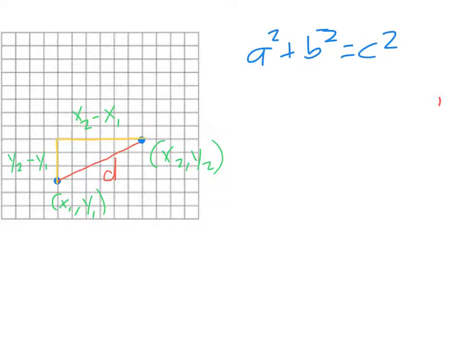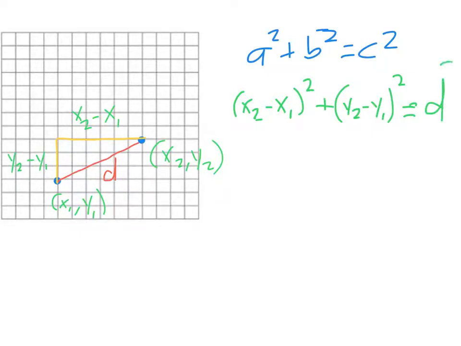I'm going to call this one a. So my a value is x2 minus x1 squared. Plus, my b value is y2 minus y1. And that has to be squared because of the formula. And I'm going to say that's equal to the hypotenuse squared, which I have decided to call D. So that's going to be equal to D squared.